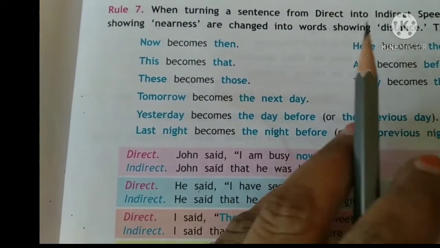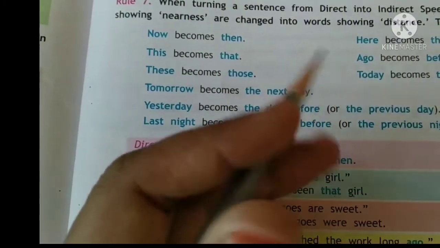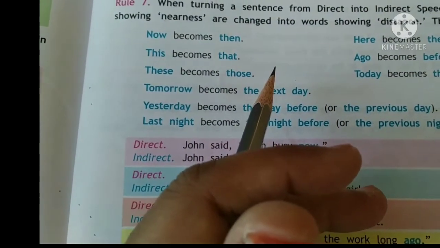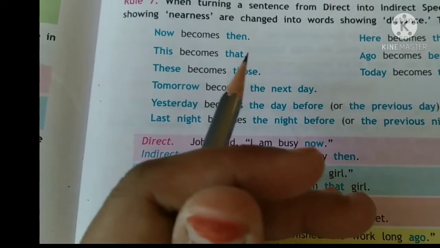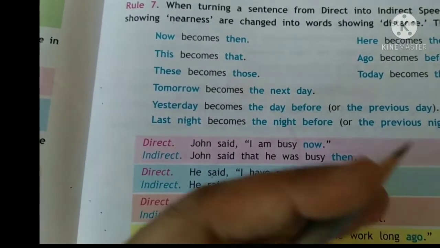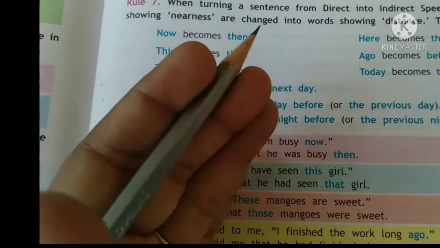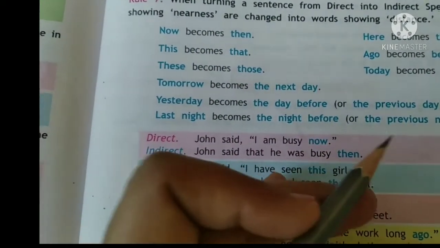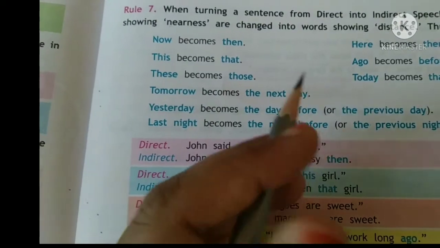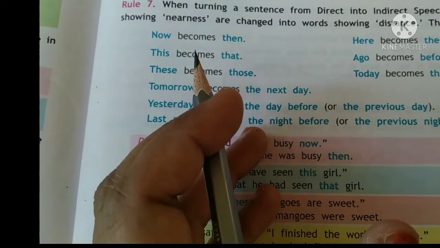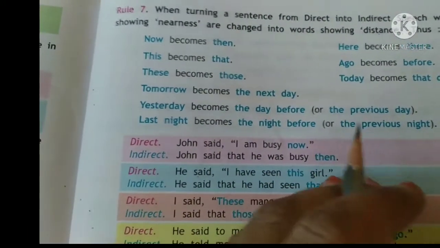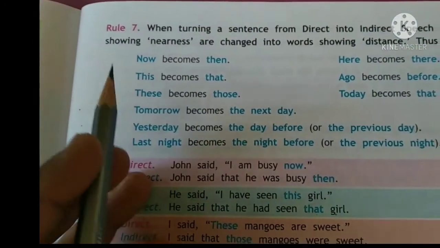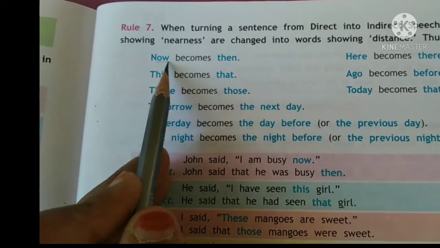So we need to remember what the verb changes from the direct into the indirect. Then we need to remember that we need to change the pronouns also from the direct into the indirect. And we also need to remember that if any words in the direct speech show nearness, then those words have to be changed. For example, now.